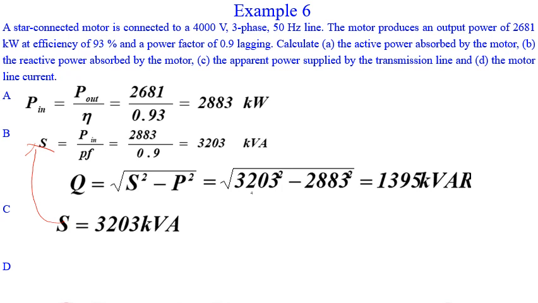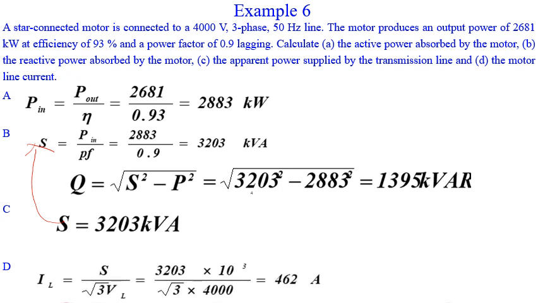And the D said we should calculate the motor line current. The motor was connected in star, so we now need to calculate the line current. We know that for star, we can calculate the line current using this formula. I stated this formula in part 1 of the video already. So the line current is equal to the apparent power divided by root 3 times the line voltage.